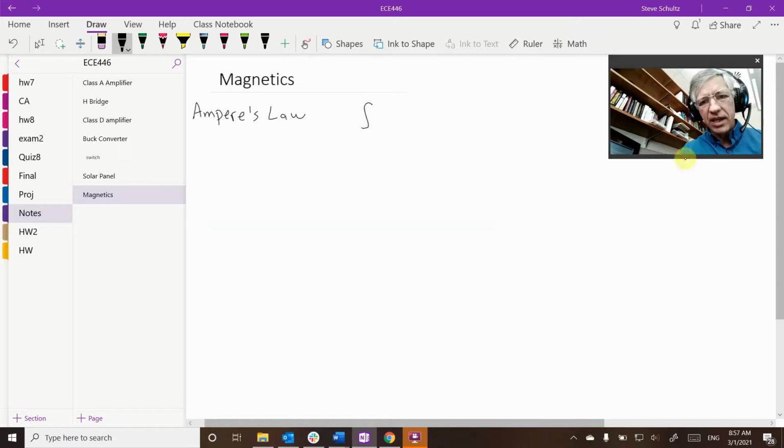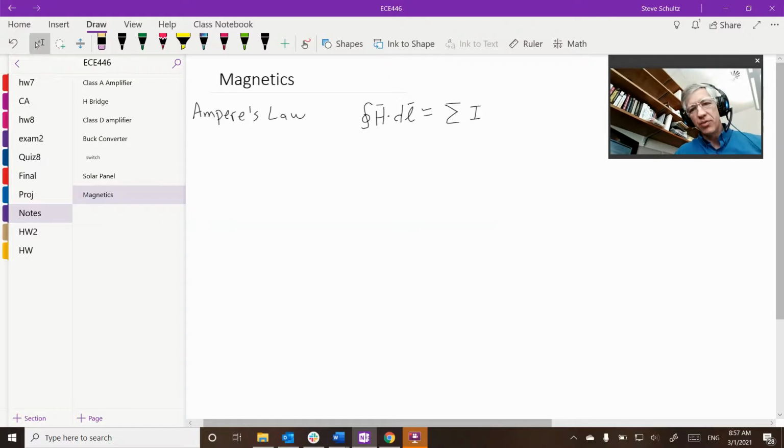Which is the integral around a closed loop line of H dot dl equals the sum of the enclosed current. Okay, so now with this one, to really be able to do this line integral, we really need the magnetic field to be constant around the loop.